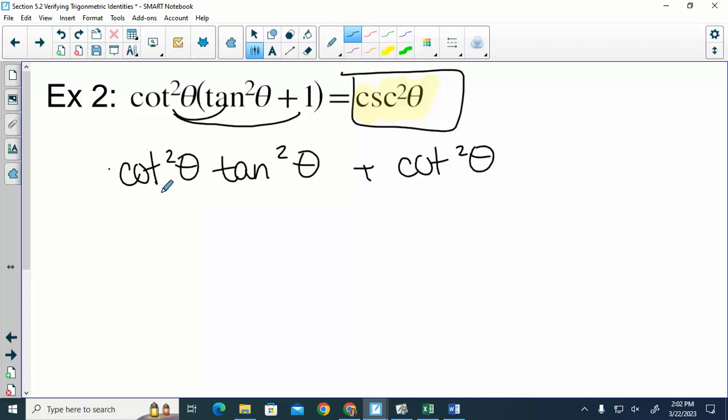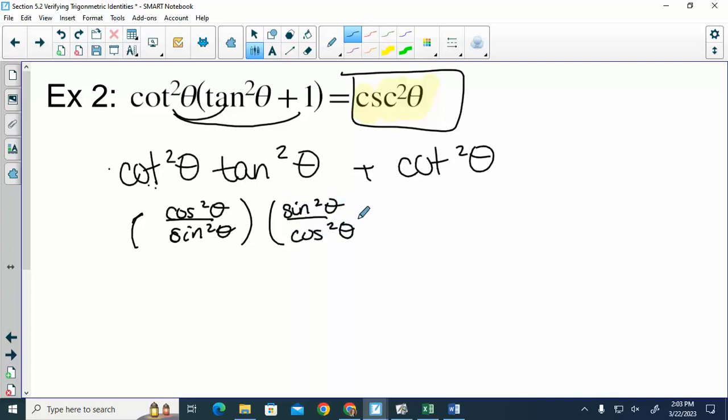Okay. Cotangent squared times tangent squared. What could I do with that? What's cotangent squared? Okay. What's tangent? I'm going to leave this cotangent here for a minute.